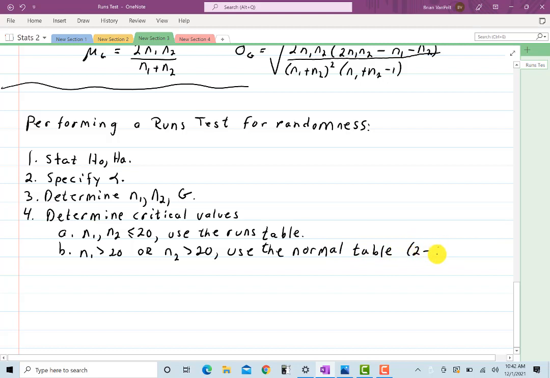Remember, it's always two-sided. Compute the test statistic.